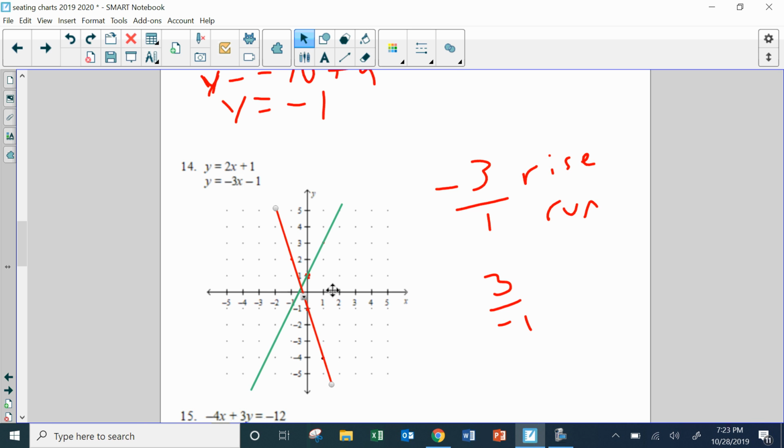All right, so at this point, I'm not sure what they really expect you to do. I'm going to accept it if you just circle the correct answer. So if you just tell me, well, I know that the solution is right here where these two lines cross, circle that spot, because it's really hard to tell exactly what that spot would be.